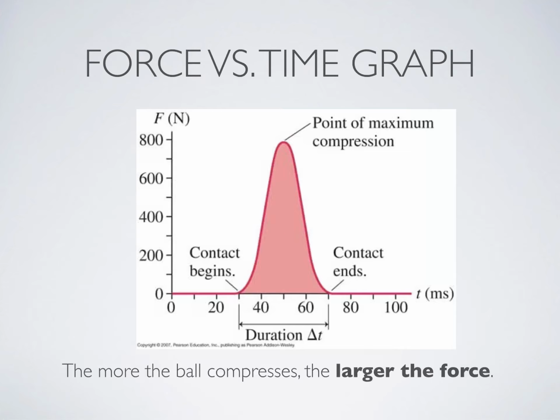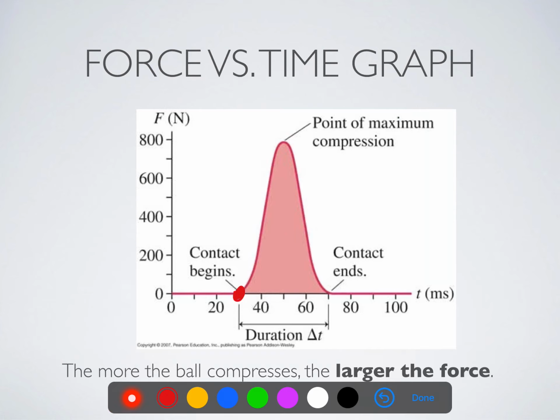If we were to graph a force versus time graph for that collision we just watched, it would look something like this, where right here is where the object begins contact with that wall. Here is where it ends contact with that wall. And this right here is the maximum point of compression, where that ball is compressed the most, and that's where it experiences the maximum amount of force.